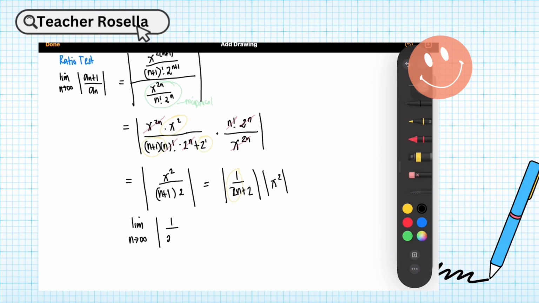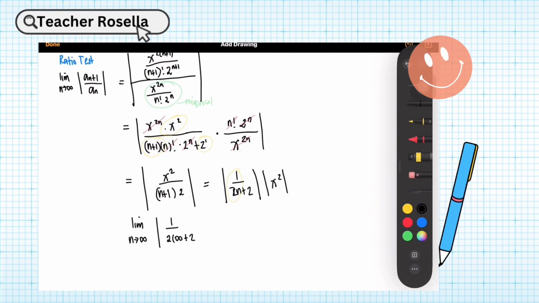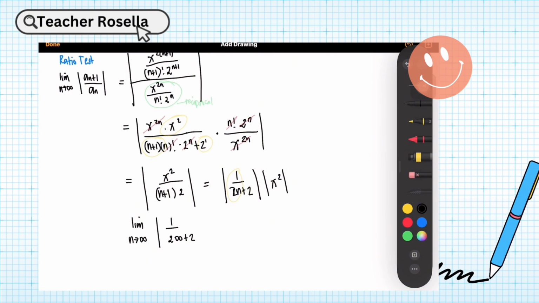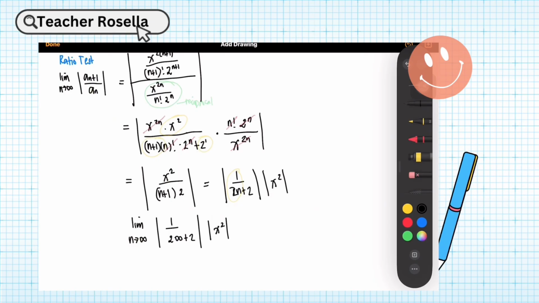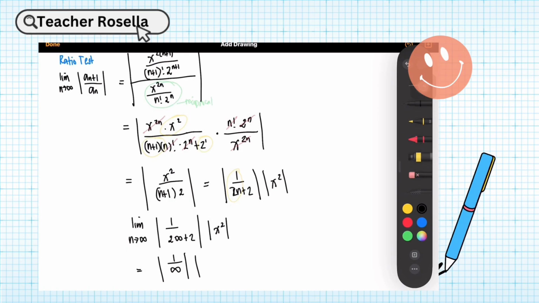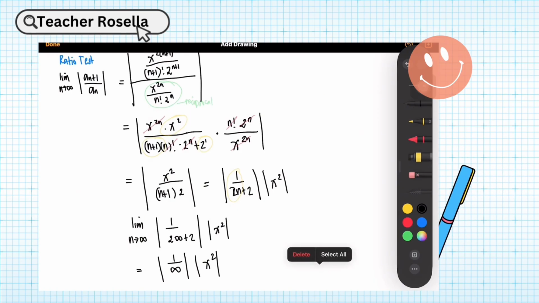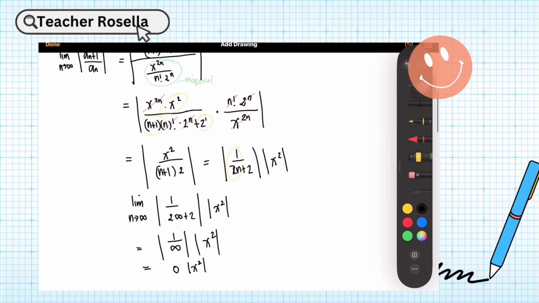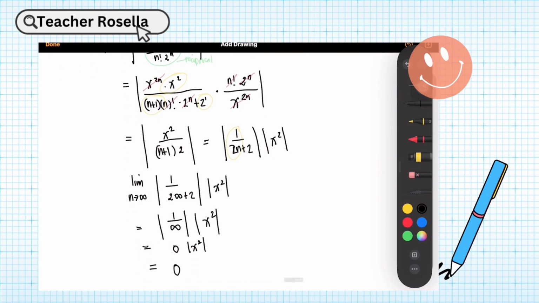We have 1 over (2 times infinity plus 2) times the absolute value of x squared. So now we have 1 over infinity times the absolute value of x squared. 1 over infinity is equal to 0, and 0 times the absolute value of x squared for any value of x is just equal to 0.